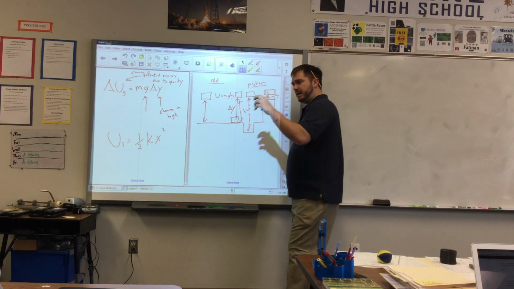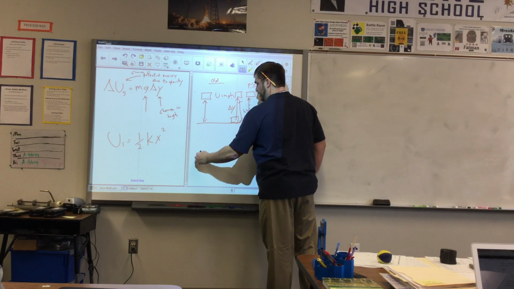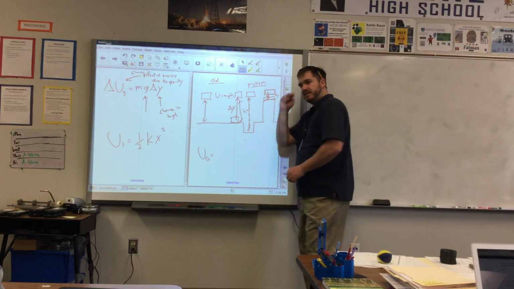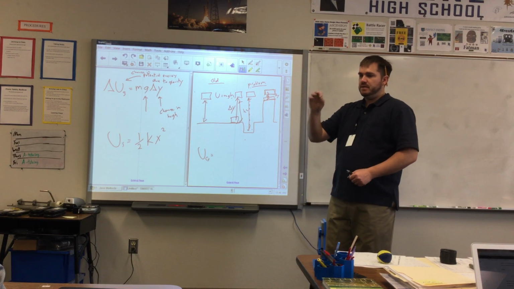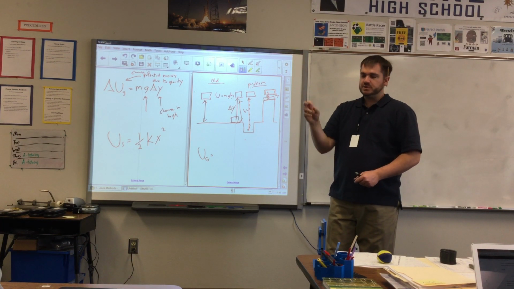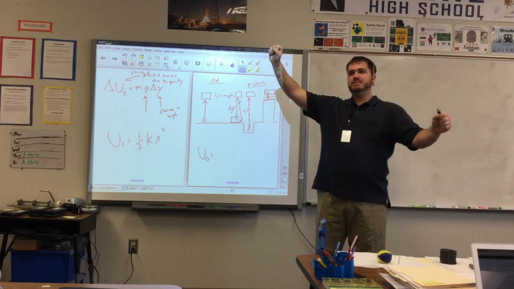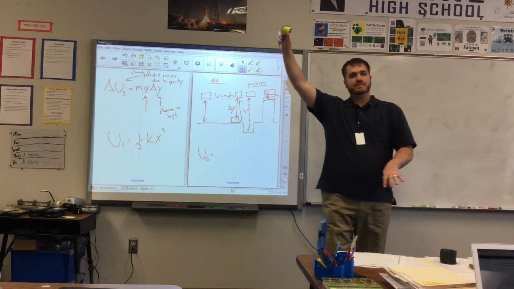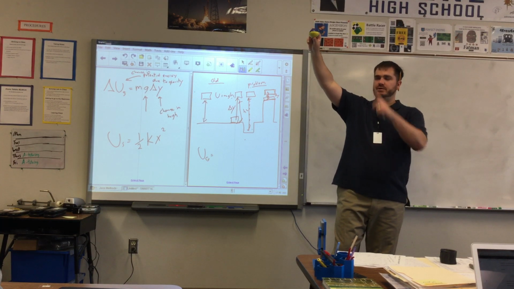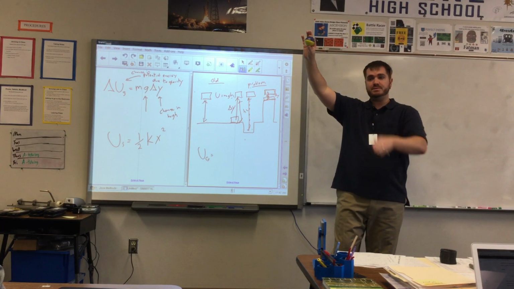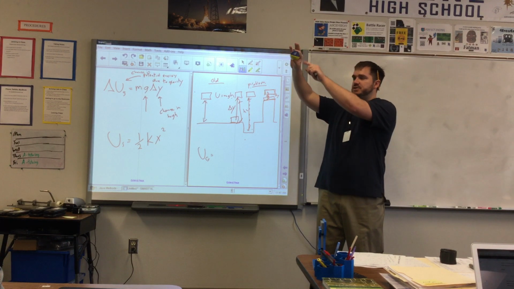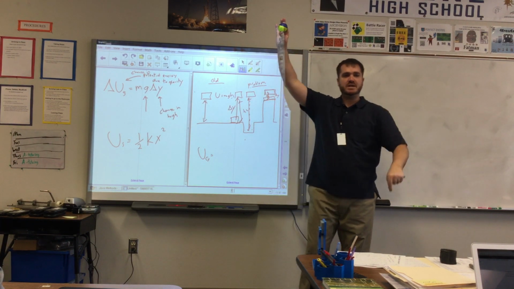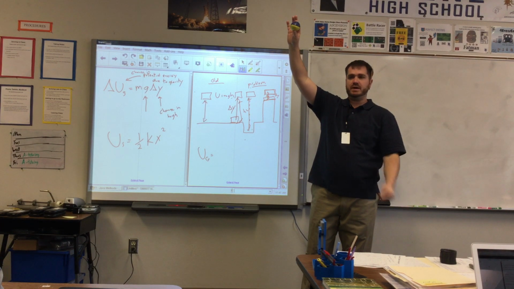If you want just the pure, how much potential energy is there due to gravity, so U big G, alright? So the potential energy between an object and another object, so we're talking about something like this ball and the Earth. Technically, when you're finding the distance between two objects at this point, this is the gravitational potential energy between the center of this sphere and the center of the Earth's sphere, okay?